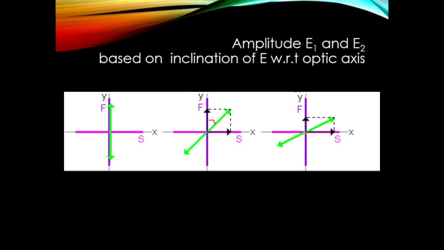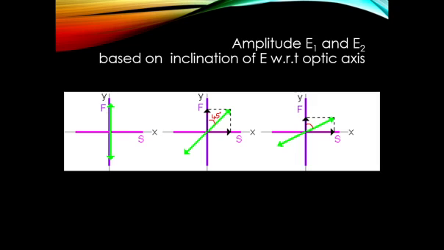Depending upon the angle, the amounts of Ex and Ey will be different. The splitting into orthogonal components depends on the value of the angle with which it is inclined to the optic axis. Here you can see that the same amplitude can be obtained in both rectangular directions only if it makes 45 degrees.